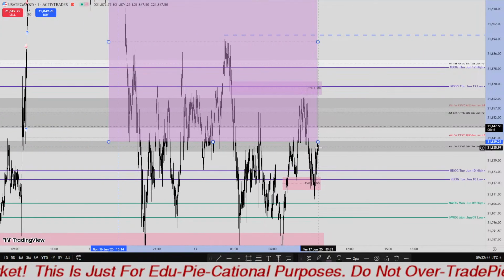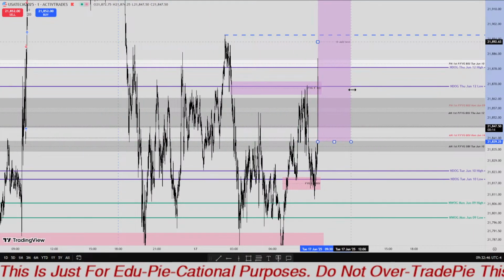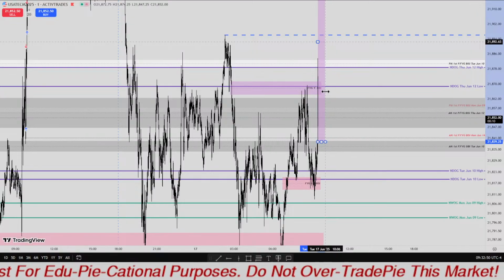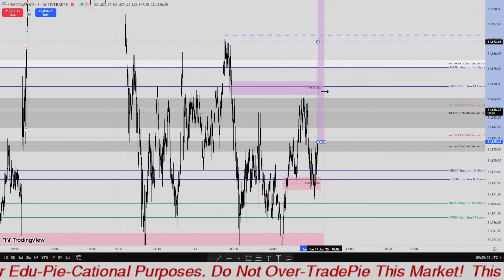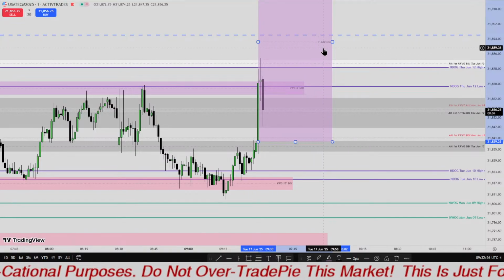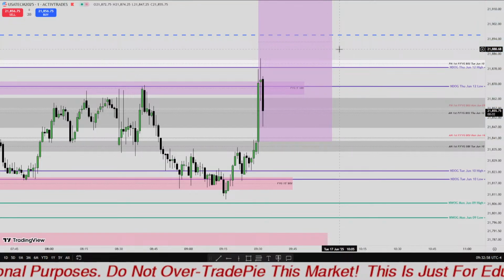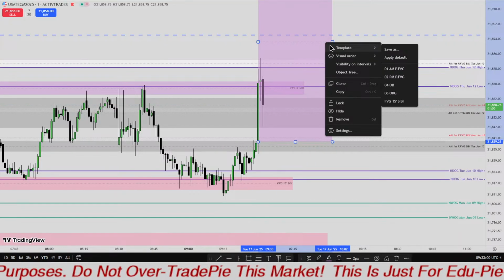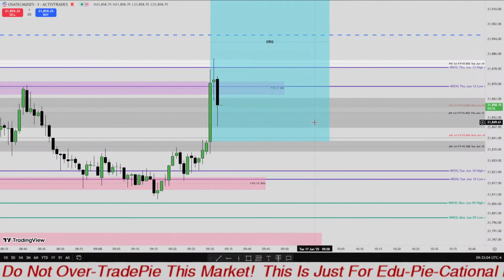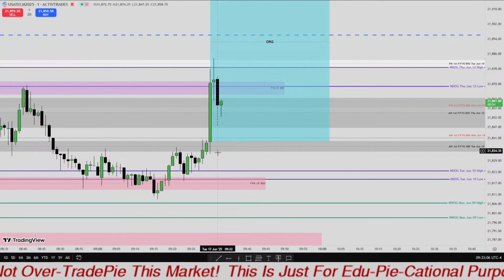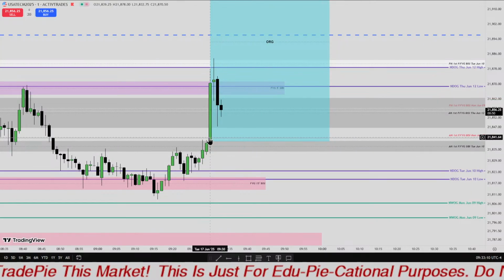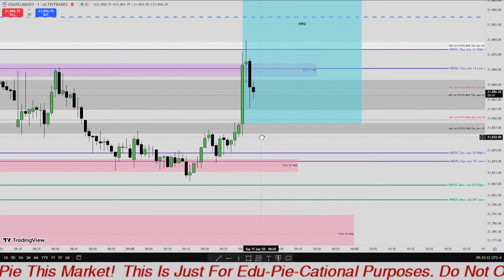This is a very huge open range gap that we almost came to touch, the midpoint of this open range. Now we are trading inside this CB of the 9:30 candle.